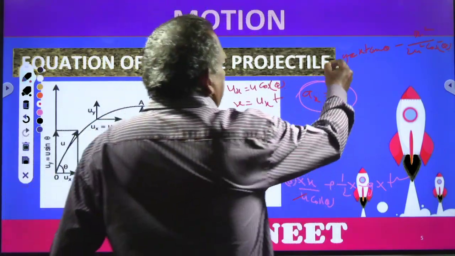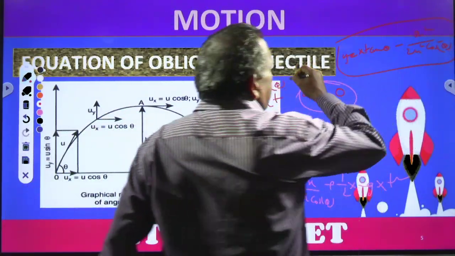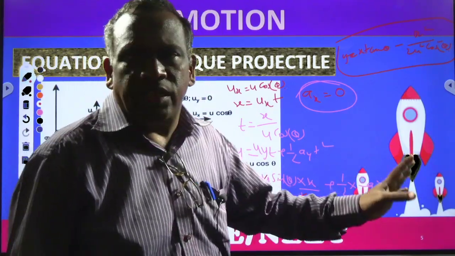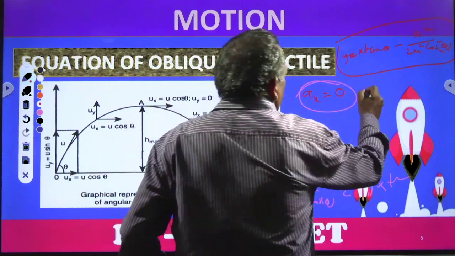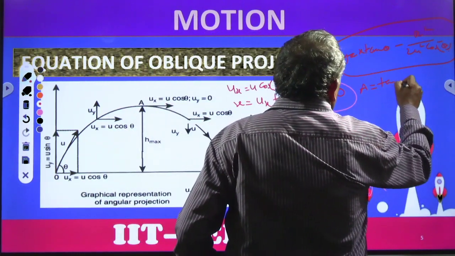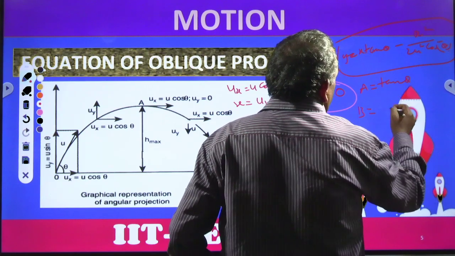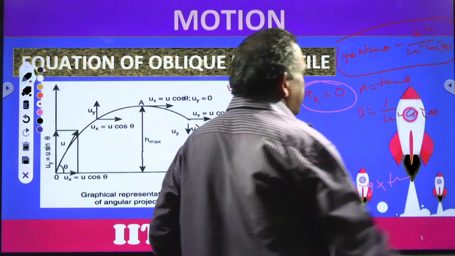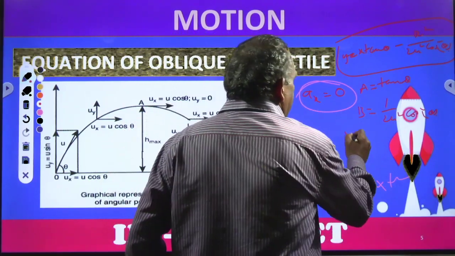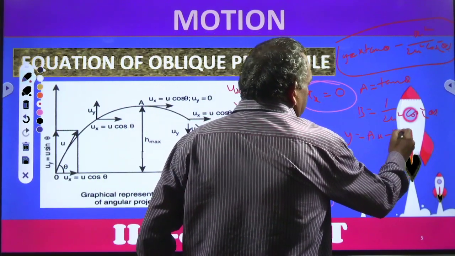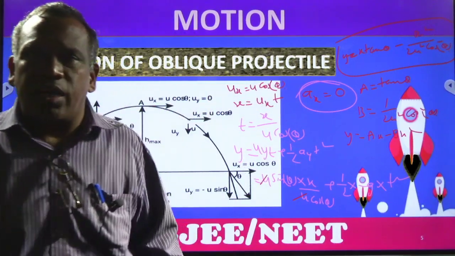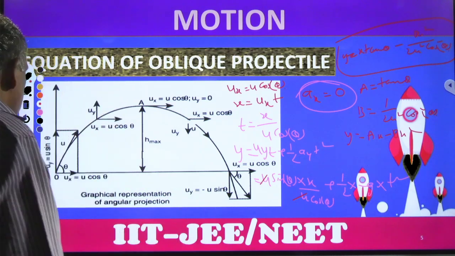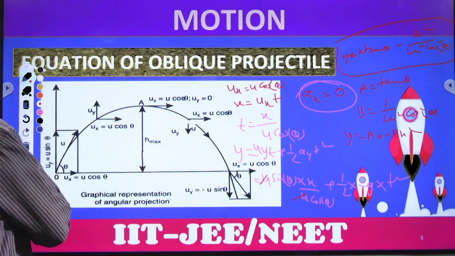This equation represents y is equal to x tan theta minus x square by 2u square cos square theta, that is, y is equal to ax minus bx square, where a is tan theta and b is 1 by 2u square cos square theta. This is the way the parabola is proved.